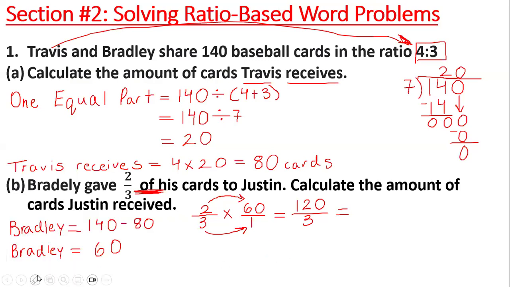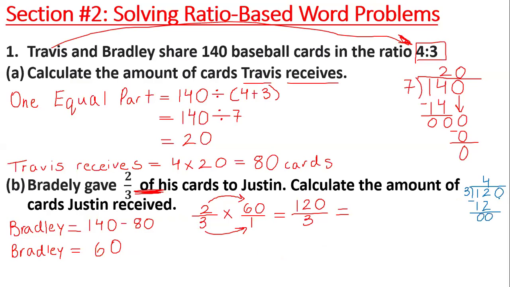Let me go ahead and divide it on this side. So 3 into 120. How many times does 3 go into 12? 4. 3 times 4 is 12. 12 minus 12 is 0.